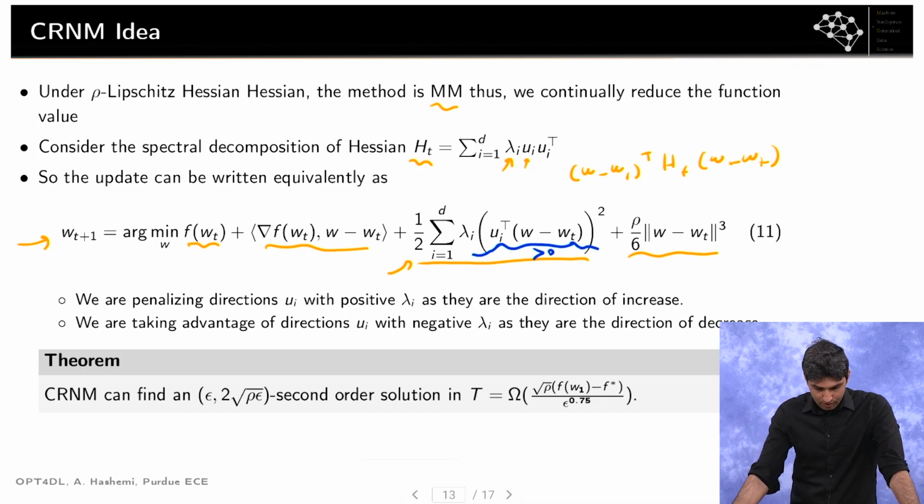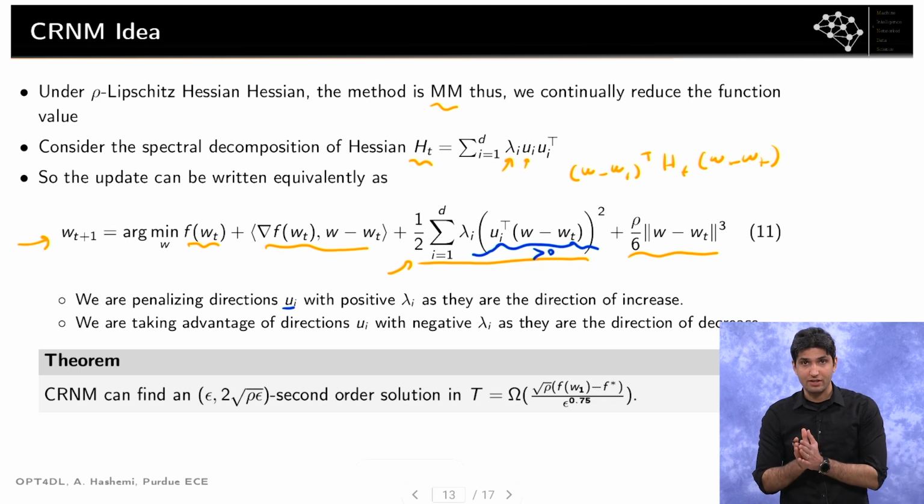Okay? So by using this update, we are penalizing directions along u_i with positive eigenvalues, because those are the terms that will appear here with a positive sign. Because we are minimizing, we're going to penalize them.